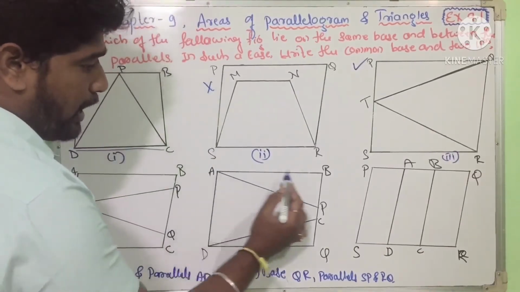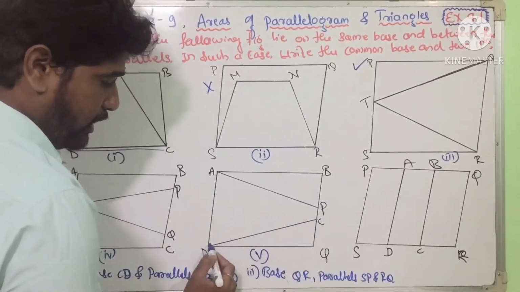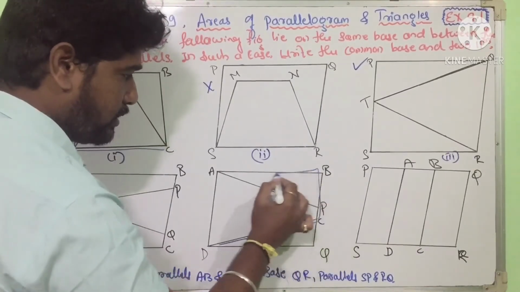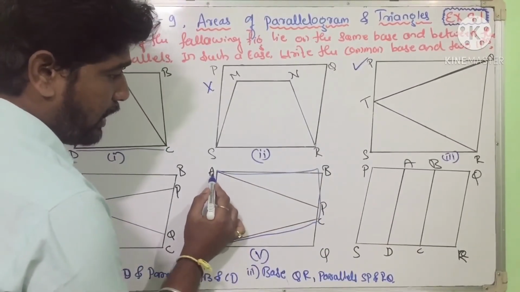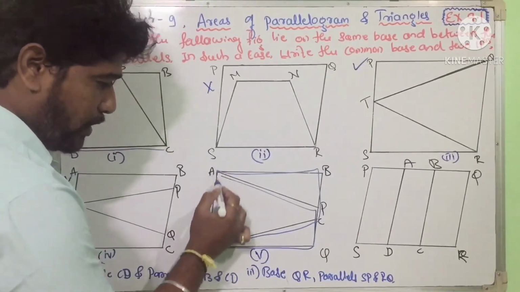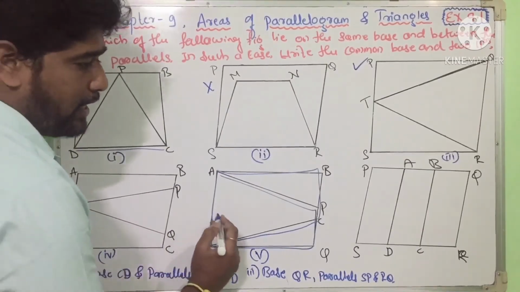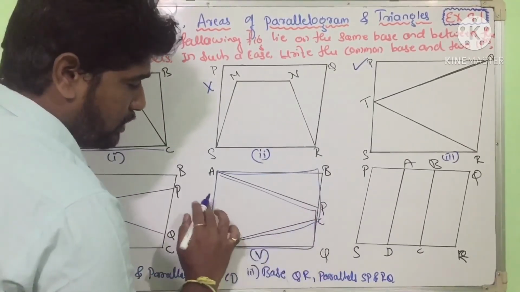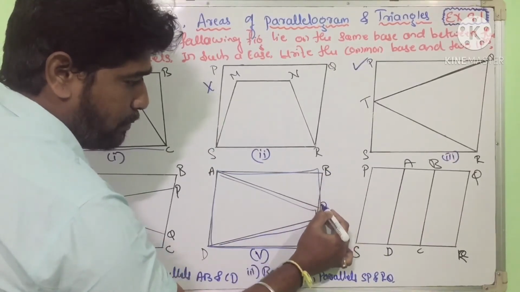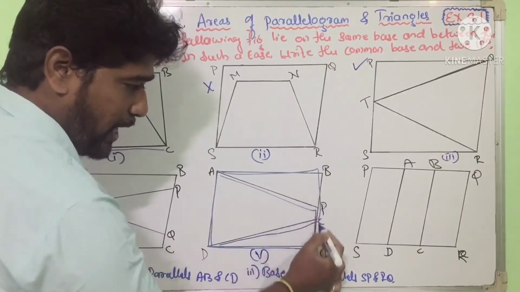So next figure, the fifth one. See here, ABCD is one figure, right? And another one is APQD. So they have a common base, AD, and opposite to the base they lie between the same line, and B, P, C, Q lie on the same line.